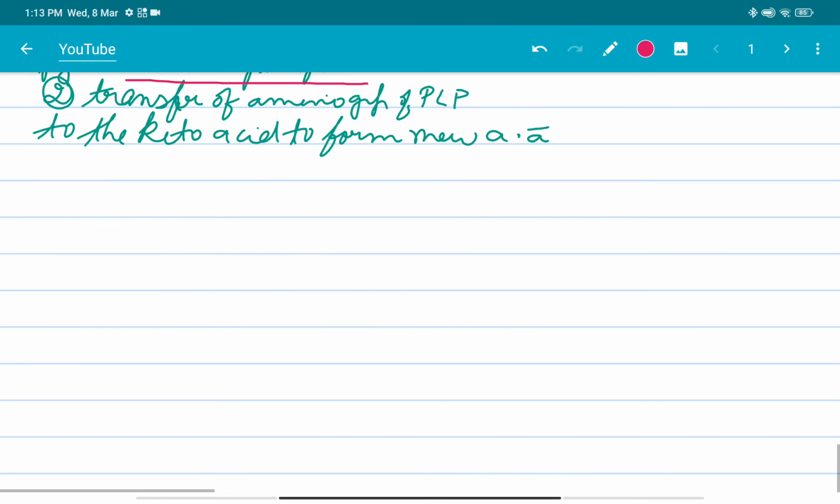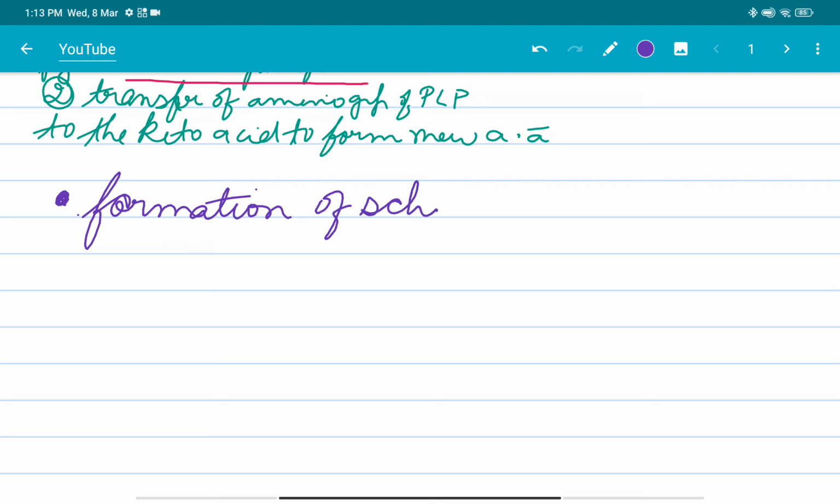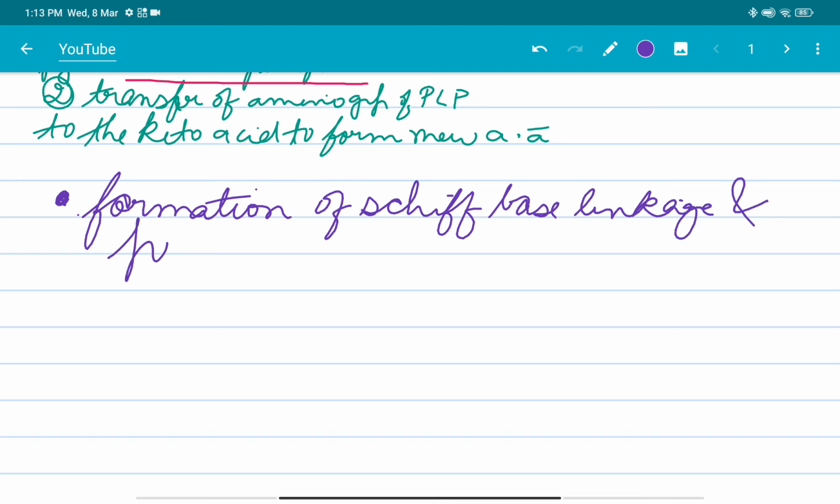Next, we will discuss the formation of Schiff base linkage, and we will discuss the ping pong bi bi mechanism.